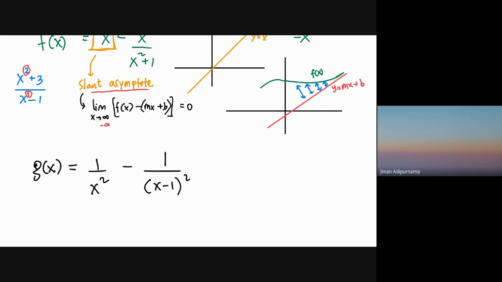I think in the App Store or in Google Play, there is some app for drawing a graph, and you can check the graph from there and compare your results with your calculus calculation.